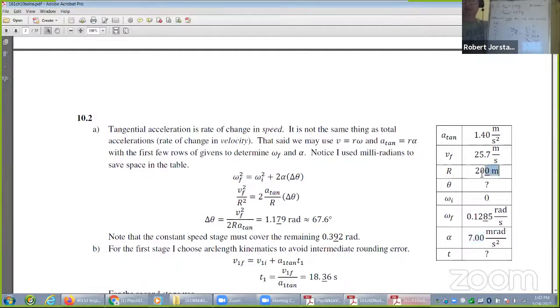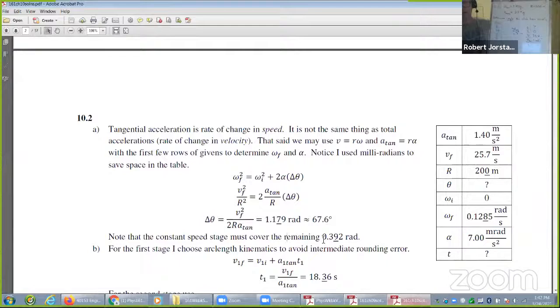Again, if you have a large radius like that, you end up with a small angular acceleration, a small angular speed. Okay, that's cool. So now here's what I did. I just went this way. I took everything, and I guess here's the angle. Okay, and then again, notice you output the angle in radians. That's cool. Great.